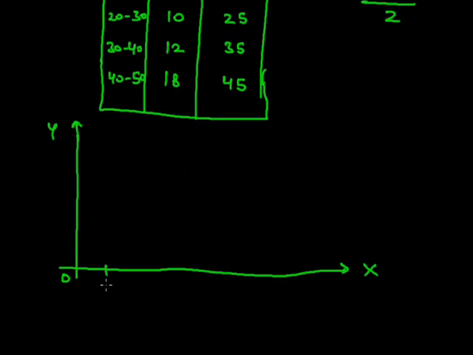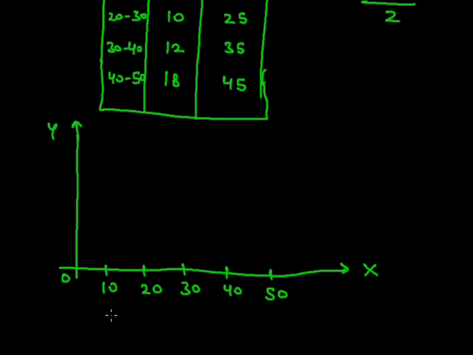So first we'll note down the points 10, 20, 30, 40, 50 on the x-axis. These points actually represent the class marks. This is one way we can do it. We have taken the class intervals here, 10 to 20 up to 50. But as we know, class marks are different. So if we want, we can directly take the class marks, or we can also take the class intervals.